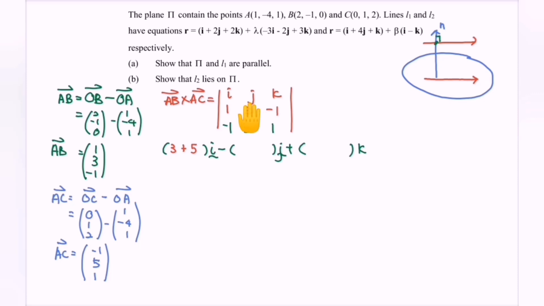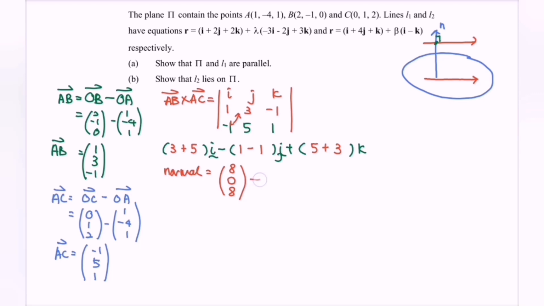Kindly close up the j. If we cross, we will have 1 minus, here we have 1. Continue, kindly close up the k. If we cross, we will have 5 minus, here we have negative 3, so it becomes positive 3. The normal vector will be equal to 8, 0, 8. So that is the normal vector, or we can say the normal for the plane pi.